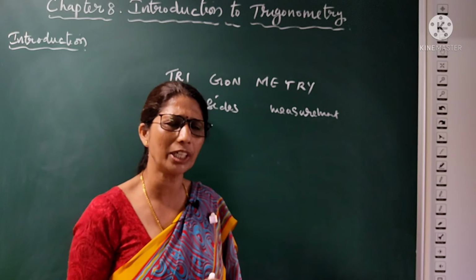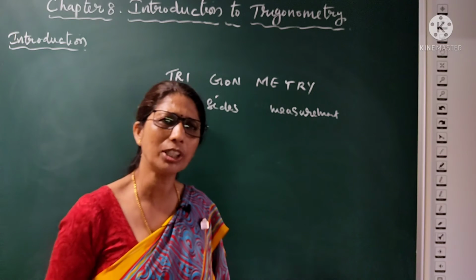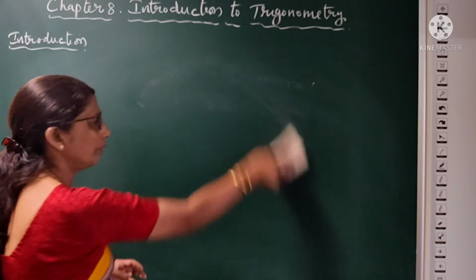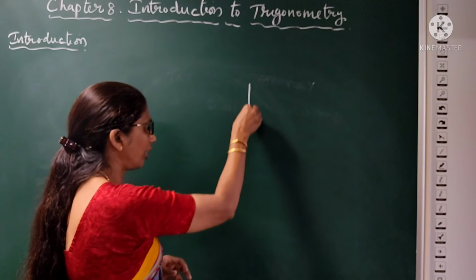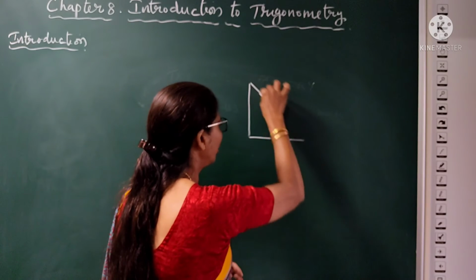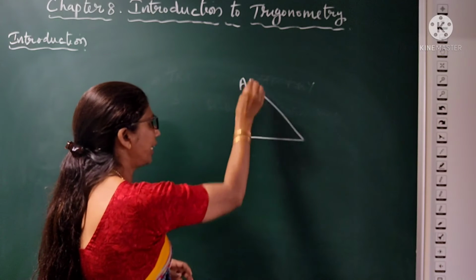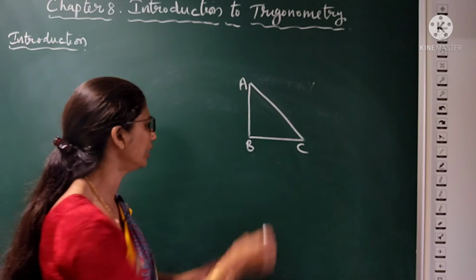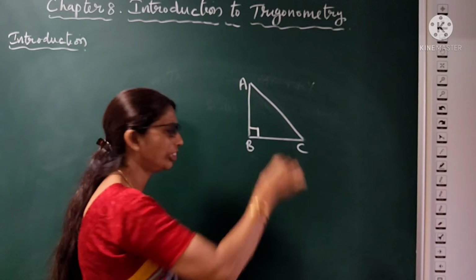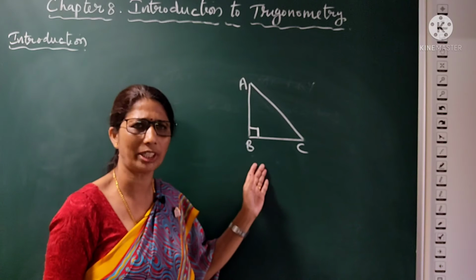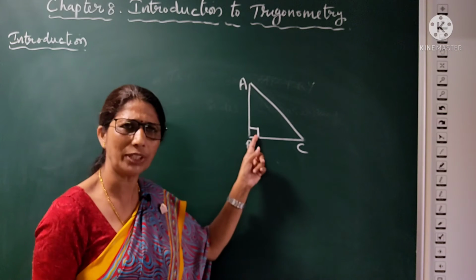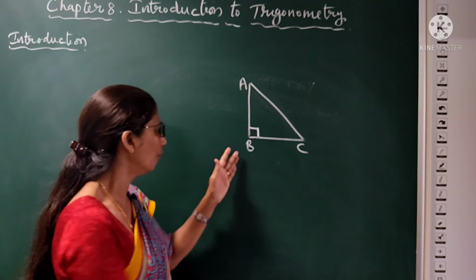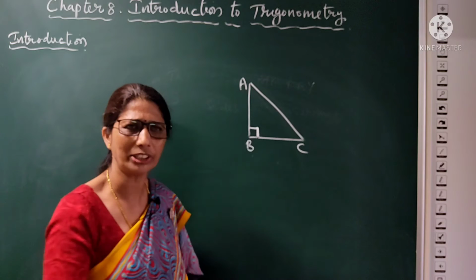Let me draw one. This is a right angular triangle, and we name it triangle ABC, and this is 90 degrees. A right angular triangle means one of the angles is 90 degrees. Now, what is the condition of this right angular triangle?